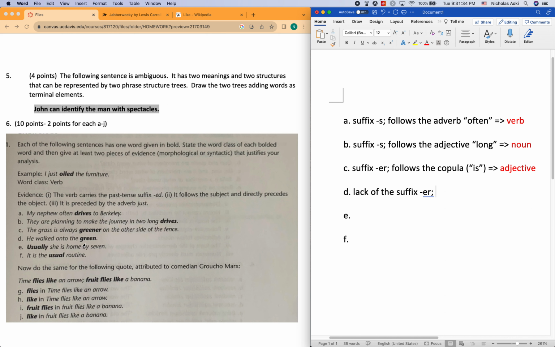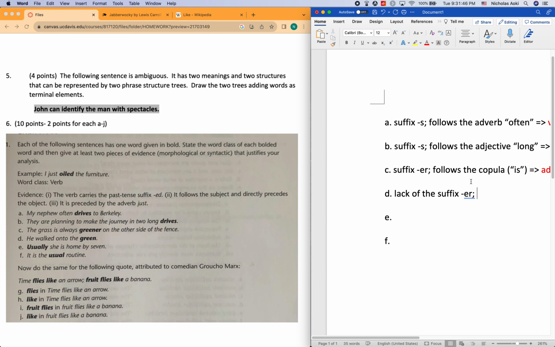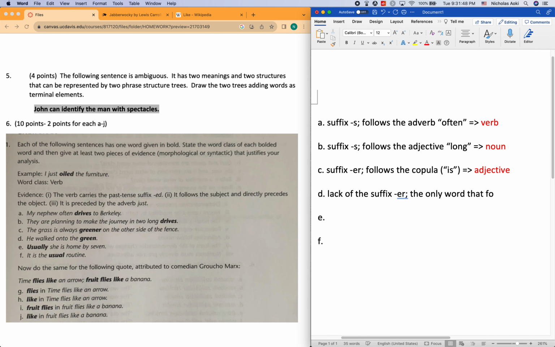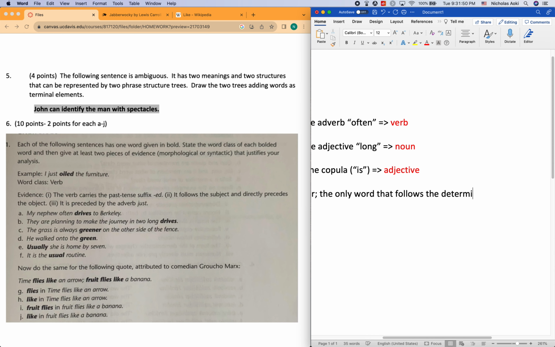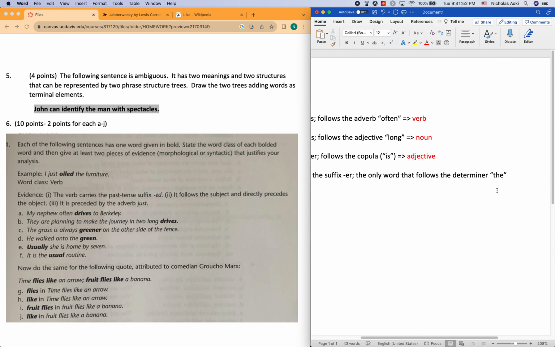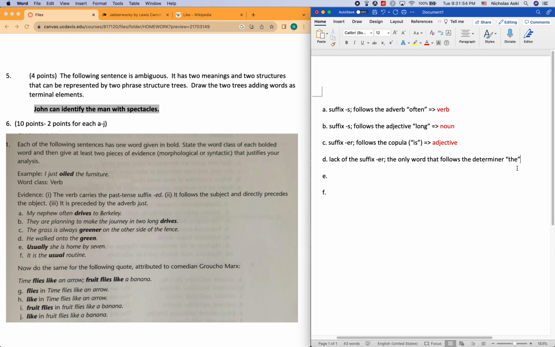So we can't say, he walked onto the greener, or he walked onto the pillowy, something like that. So in sentence D, it's the only word that follows the determiner the. And let me just zoom out to make it easier to see. So that's evidence that green is a noun.